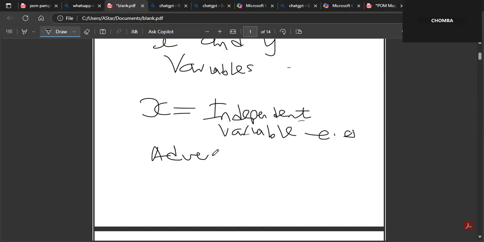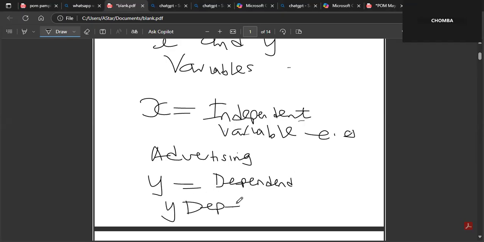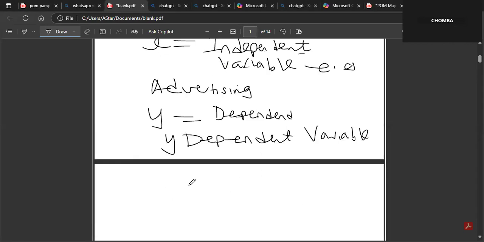Are you getting me? Then Y is the dependent variable. Dependent. Okay, so Y is what? Dependent variable, e.g. sales.